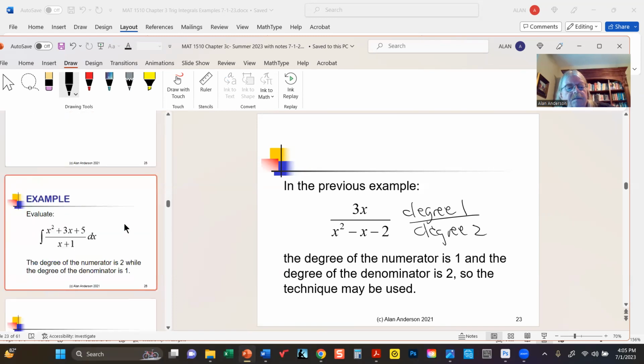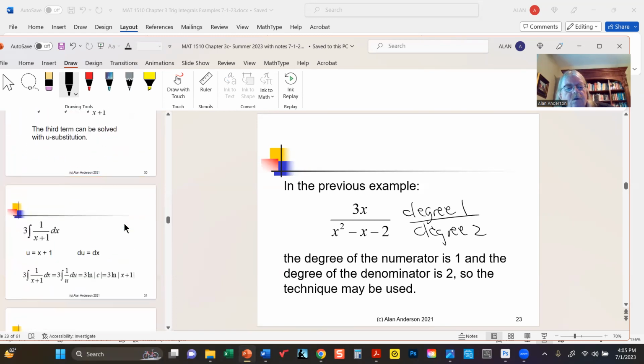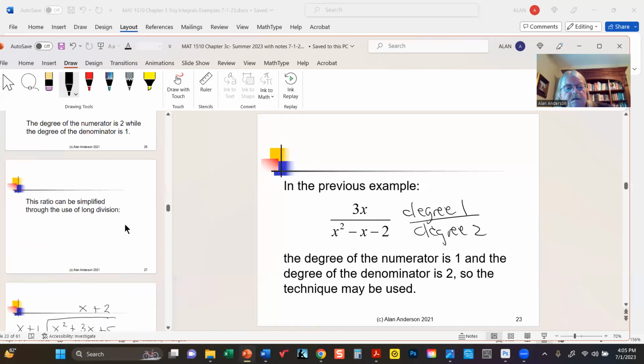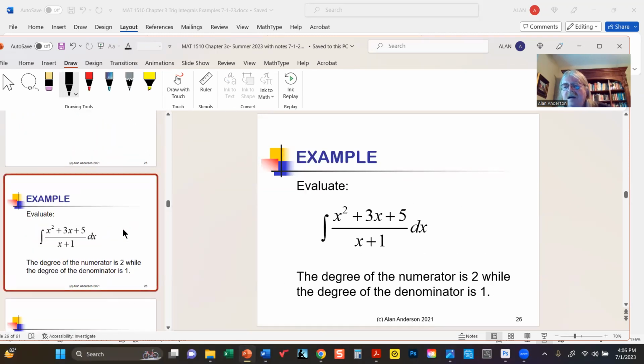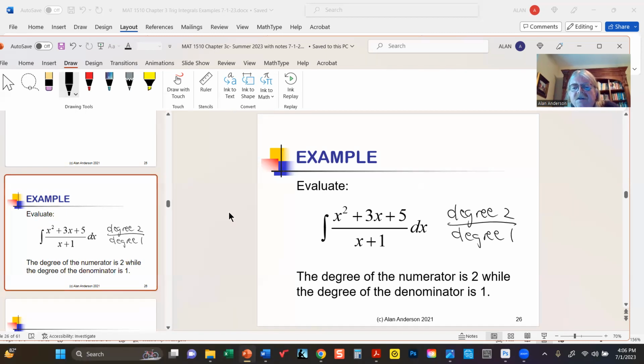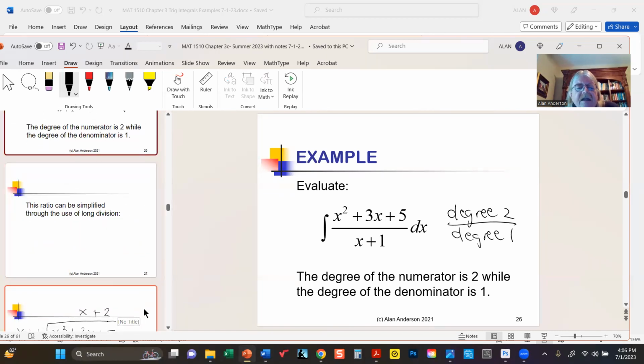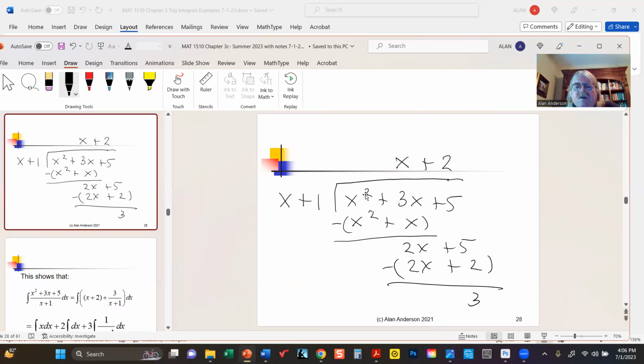Now here's one we're going to work through all the way. Starts out not promising. You can see the degree in the numerator is 2. Down here, it's 1. Oh no. So what we're going to do is use division to break this up into 2 pieces, both of which satisfy our requirements. So again, this is what we did. We have x plus 1 being divided into x squared plus 3x plus 5.